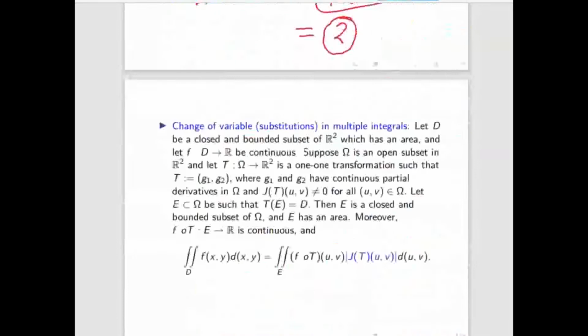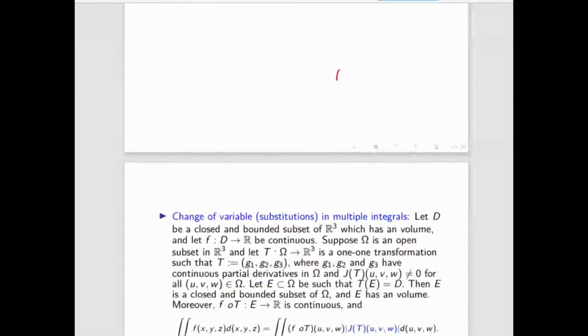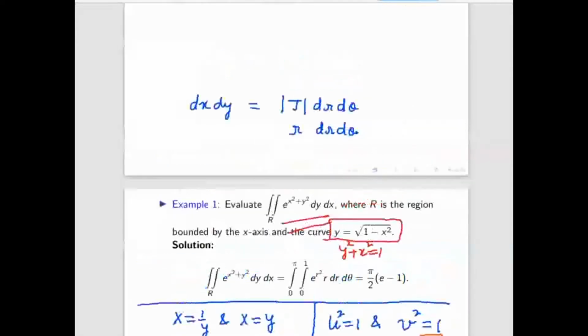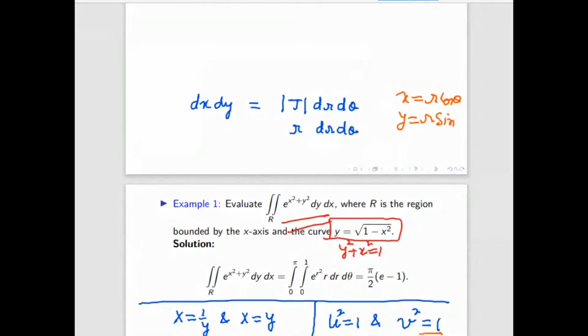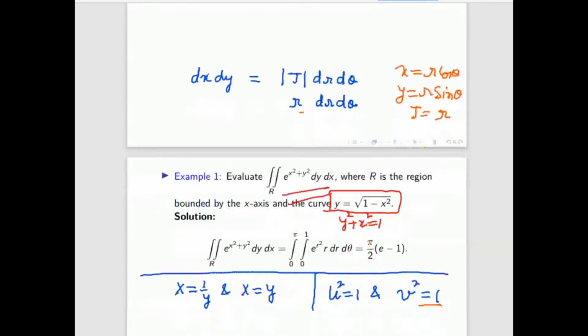See, in all questions, whatever Jacobian we are using, like here x equal to r cos theta and y equal to r sin theta, and then the Jacobian came r, then dx dy equal to r dr d theta. X is a function of r theta, y is also a function of r theta.